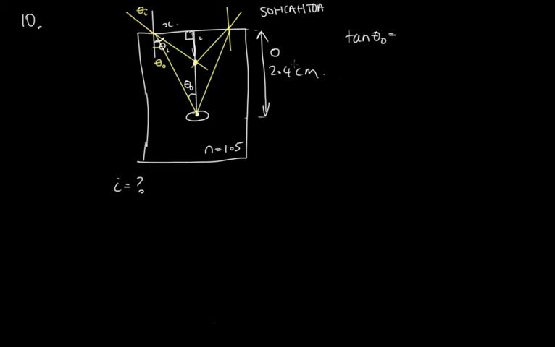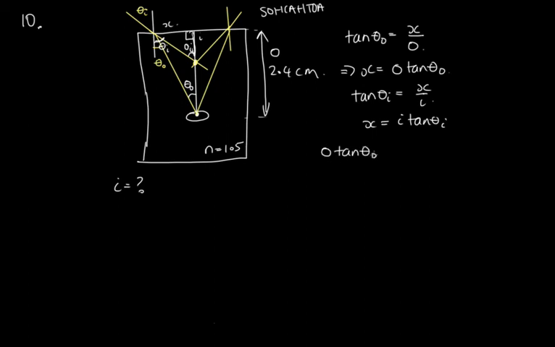Tan theta O is x over O, and so x is equal to O tan theta O. Now let's do this other triangle here with I. This angle here is theta I, so this is 90 minus theta I, and this angle here is theta I. So tan theta I is equal to x on I, and so x is equal to I tan theta I. But both these things are equal to x, so they must be equal to each other. So O tan theta O is equal to I tan theta I.